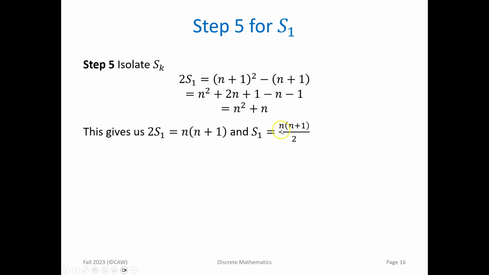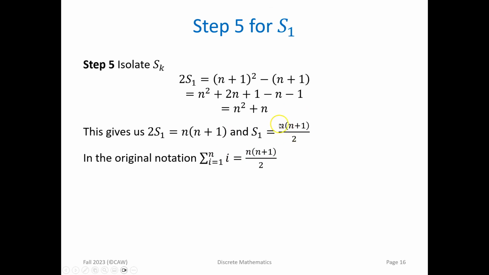But S1 is equal to n times n plus 1, the quantity, divided by 2. So let's substitute that. And so what do we end up with? We get, and I'm reminding you here, the original notation for S1 is the summation i equals 1 to n of i is equal to S1.